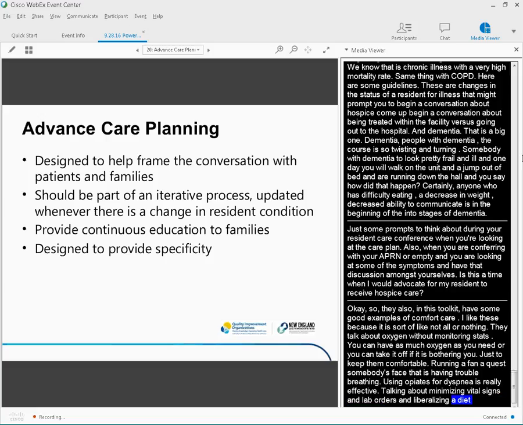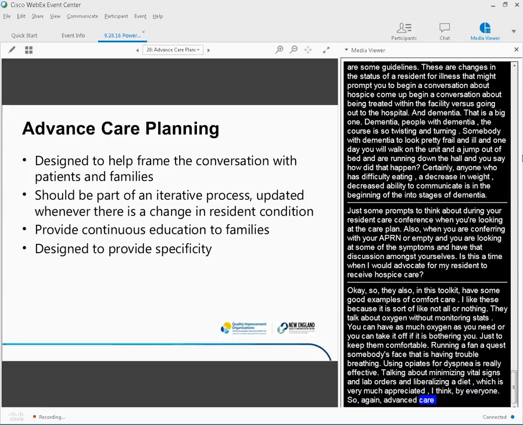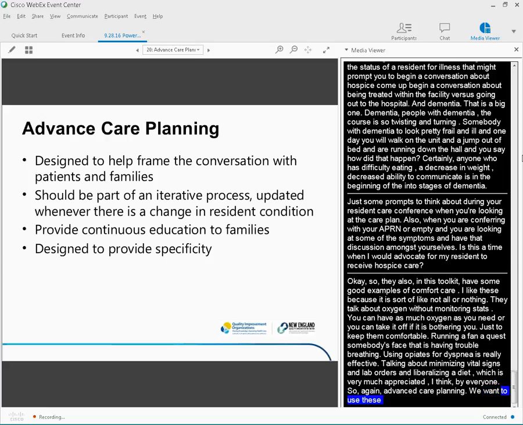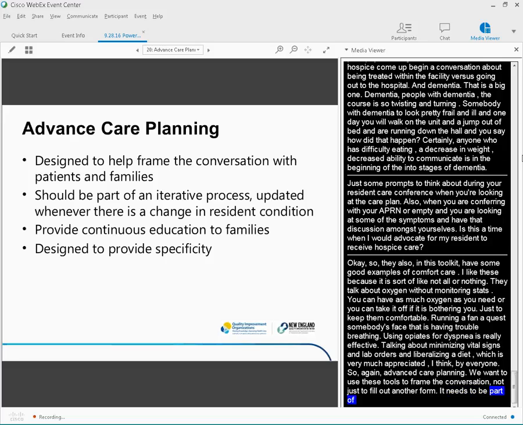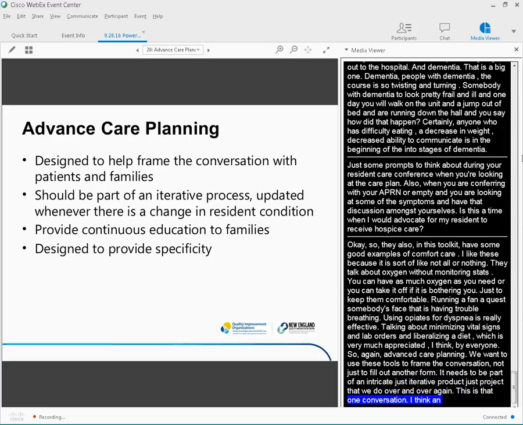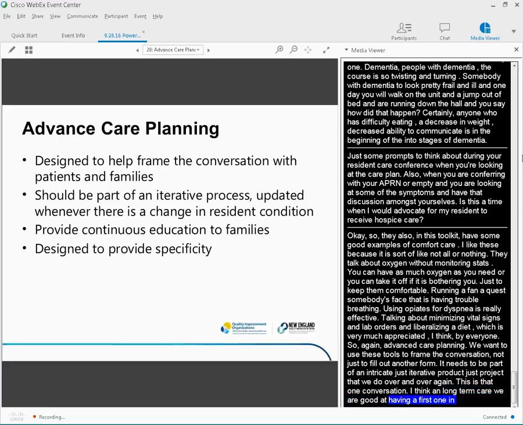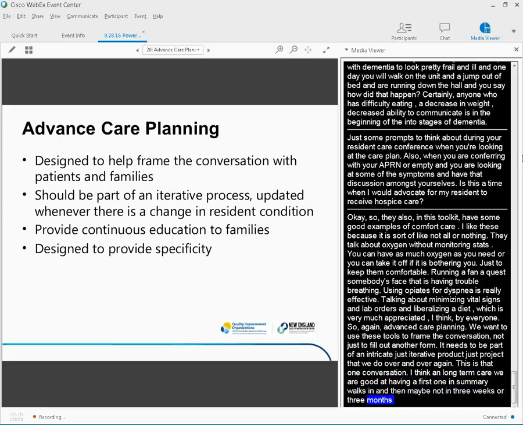So, again, advanced care planning. We want to use these tools to frame the conversation, not just to fill out another form, and it needs to be part of an iterative process. We do it over and over again. This isn't one conversation. I think in long-term care, we're pretty good at having that first one when somebody walks in, and then maybe not in 3 weeks, and not in 3 months, and not in 6 months. So it's important, every time there's a resident care conference, to think about advanced care planning.